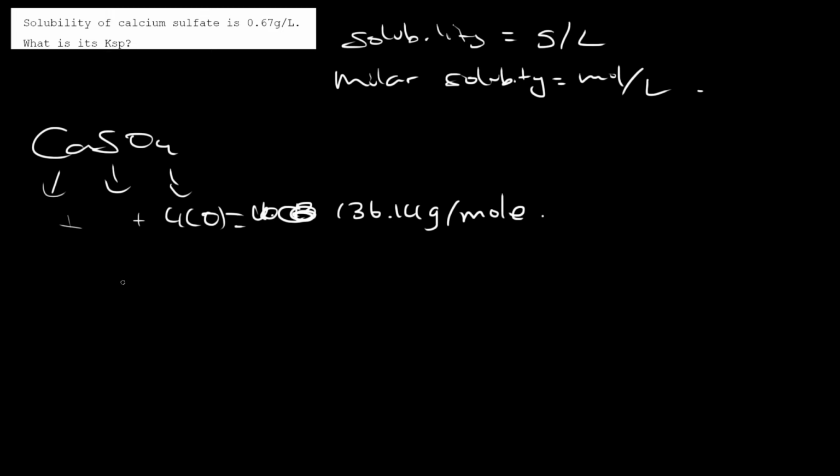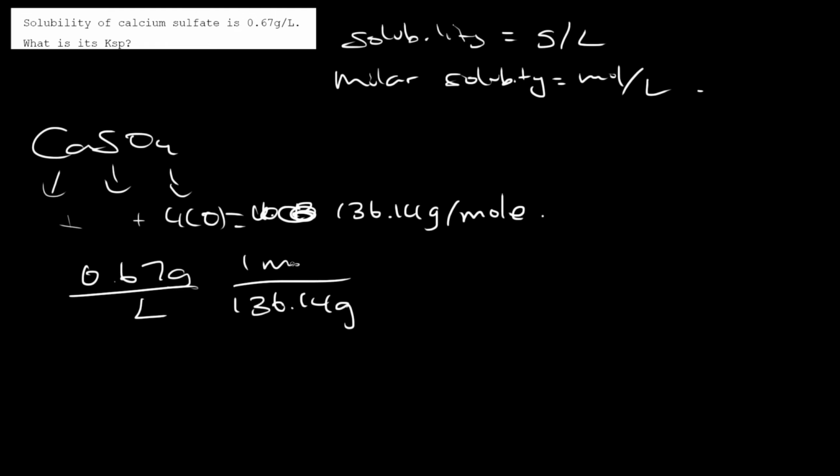So you have 0.67 grams per liter, and you want to get rid of the gram. You can multiply it by 1 mole per 136.14 grams.